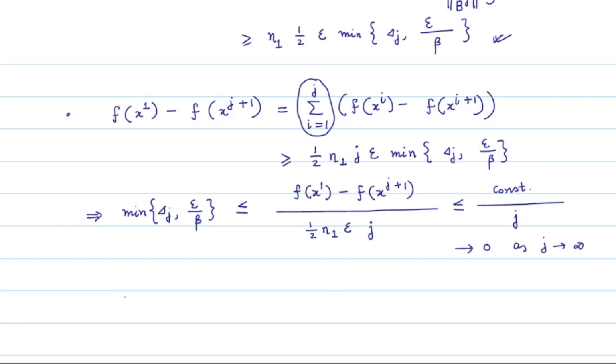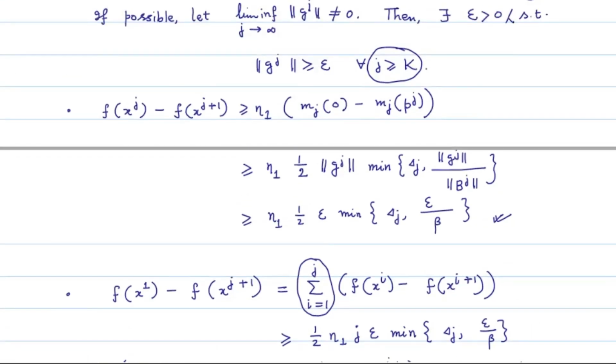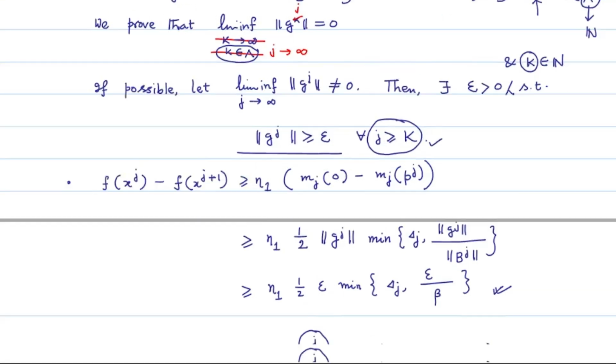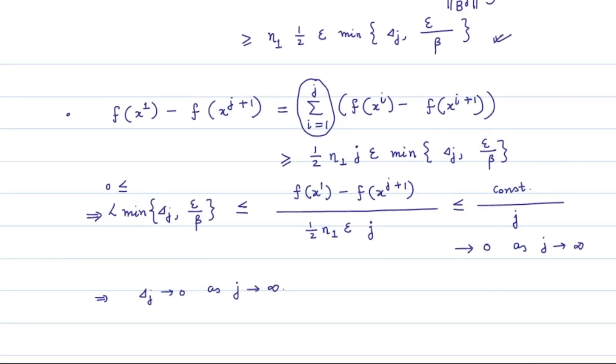And therefore delta j is tending to 0 as j tends to infinity. So what we get is that norm gj is not equal to 0, norm gj is greater than epsilon, but delta j is converging to 0.